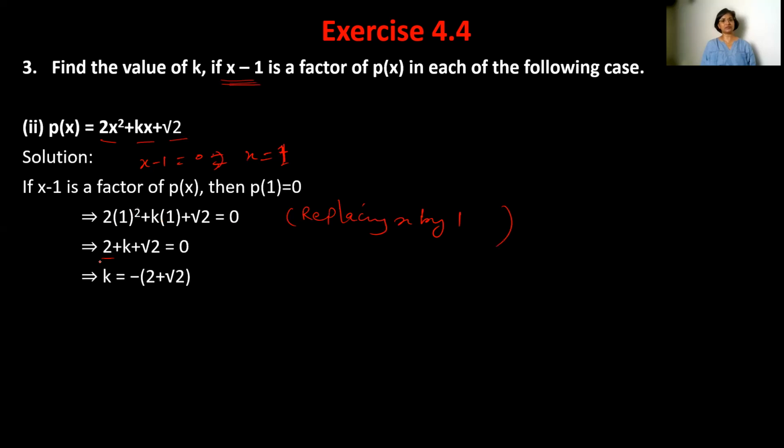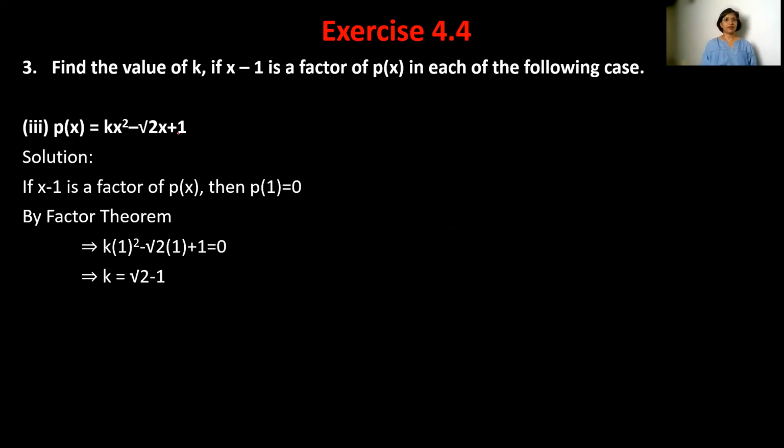So 2 plus under root 2 plus k, we can write it that way, right? So k equals minus 2. These both terms are going to the right hand side with opposite sign. So if you take minus as common, it is minus of 2 plus under root 2, and this will be the answer of k, right?